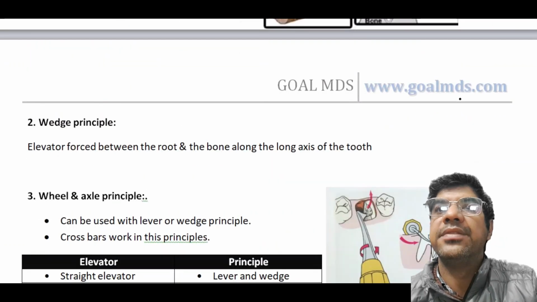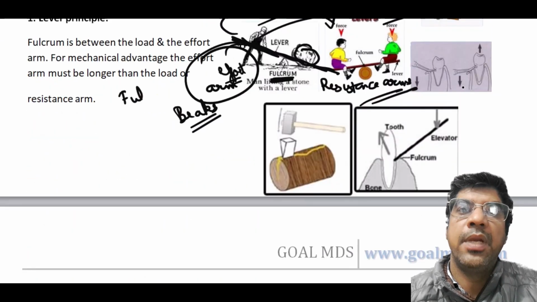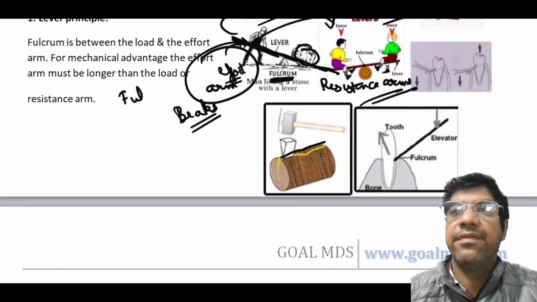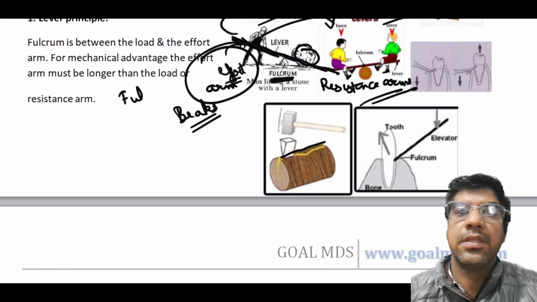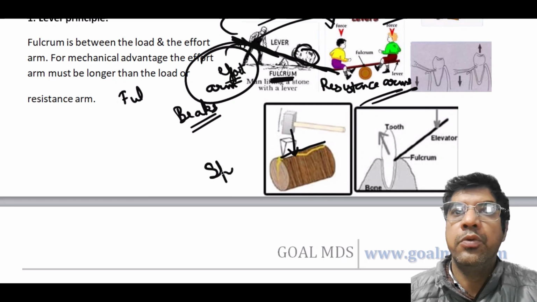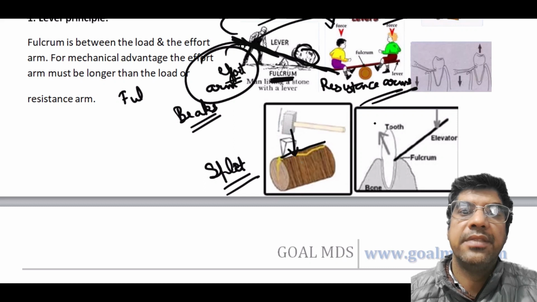Another principle is the wedge principle, similar with the elevators. Think about a wedge like a knife or axe. It is a sharp pointed tool that you can use to split things apart.